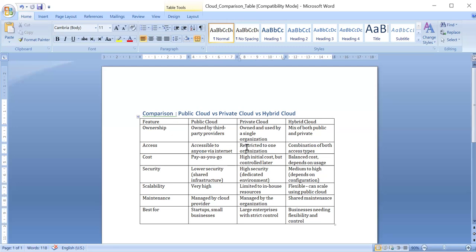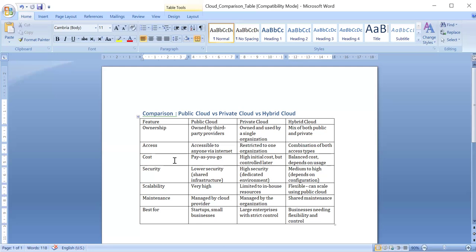In private cloud, only people in your organization can access it. Public people cannot access it. Only people in your organization, or internal people, can access it. It is not meant for the public. That is accessibility. And in hybrid, some parts are accessible by the public, and some parts are purely private for security purposes. So it is a combination of both public and private cloud.